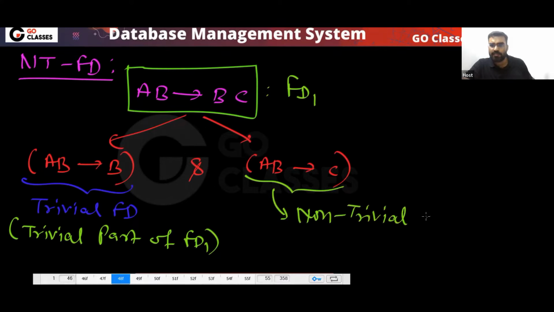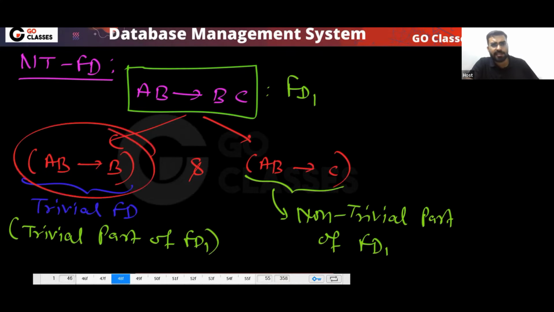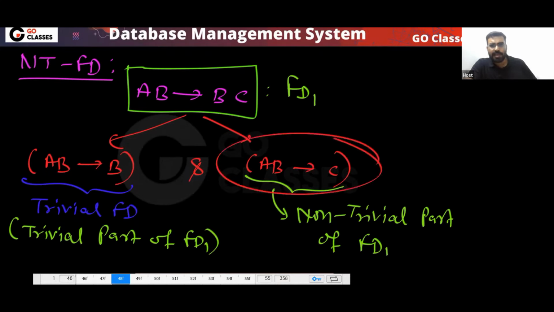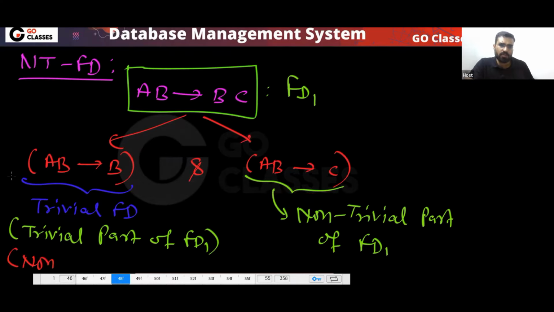This part is making it non-trivial. This is the trivial part of FD1 and this is the non-trivial part of FD1. So you can notice this part is not interesting, but this part is interesting.